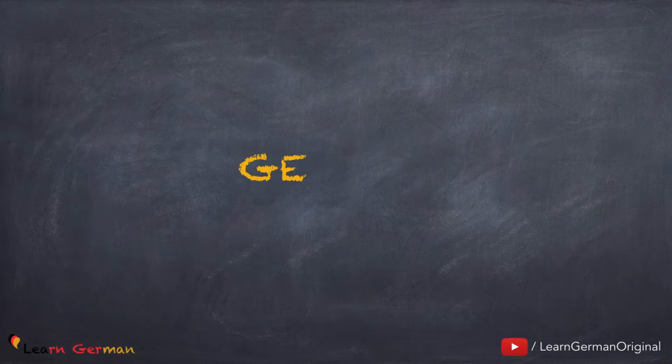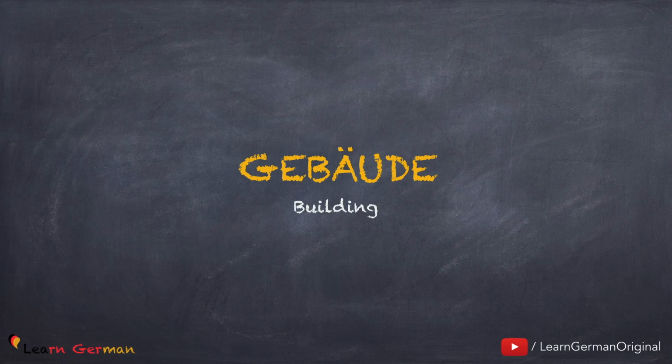Let's move on to the next case. Gebäude. This means building. It could be any kind of a building. It could be an apartment, it could be a house, it could be a bank, etc. And they all have different articles. Don't get panicky. With time, you will learn what preposition to use where.